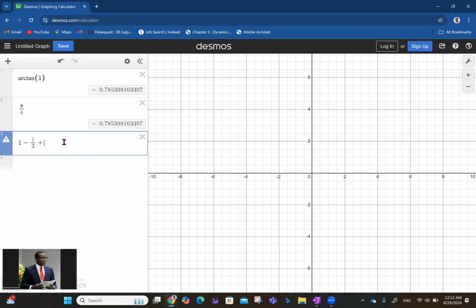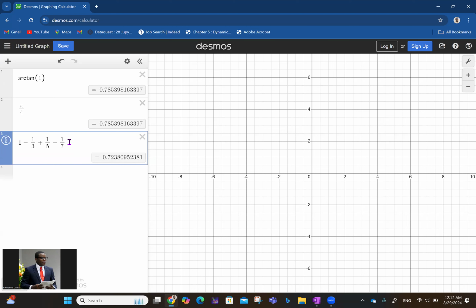So I'm taking that for granted that we know that. Then 1 divided by 5, then minus 1 divided by 7. So you can see this is 0.7238. So it's a bit close, but maybe not quite.